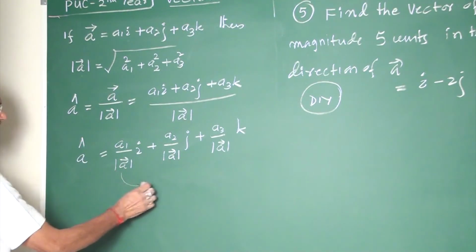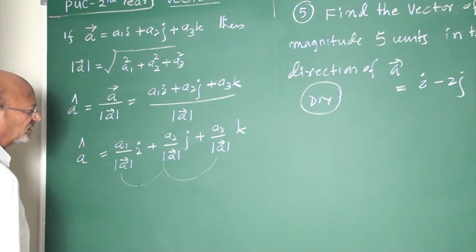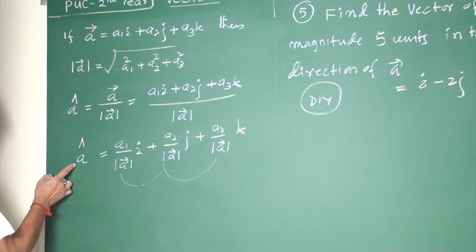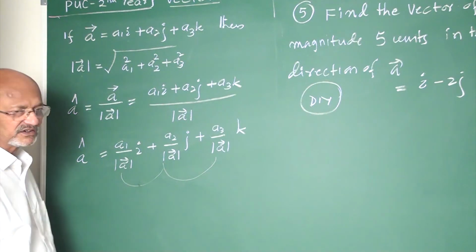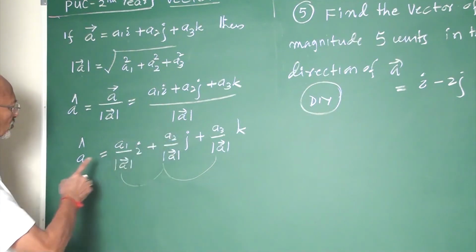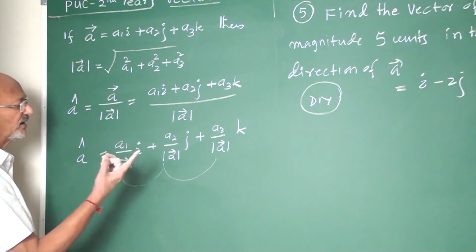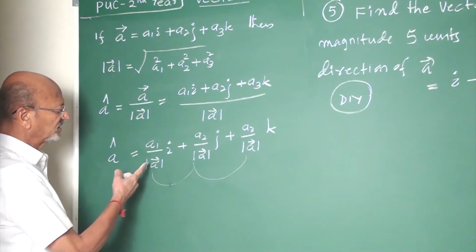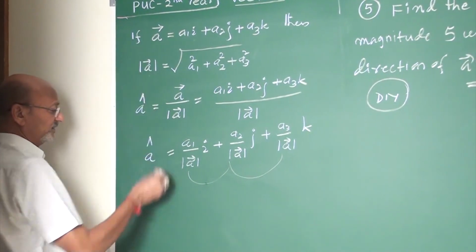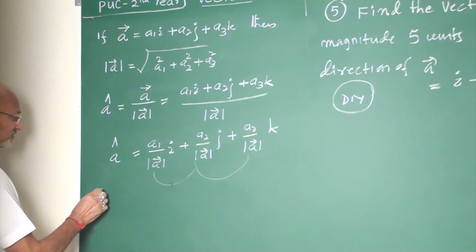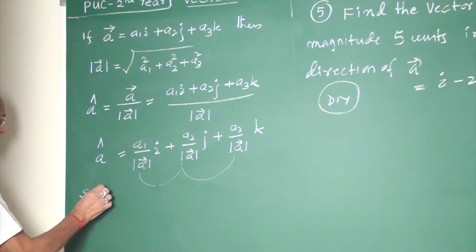What about these three, my friends? These three are scalar components of A cap. Then there is a definition, or we can say there is a result. Scalar components of A cap are defined or given as they are nothing but the direction cosines of the vector.